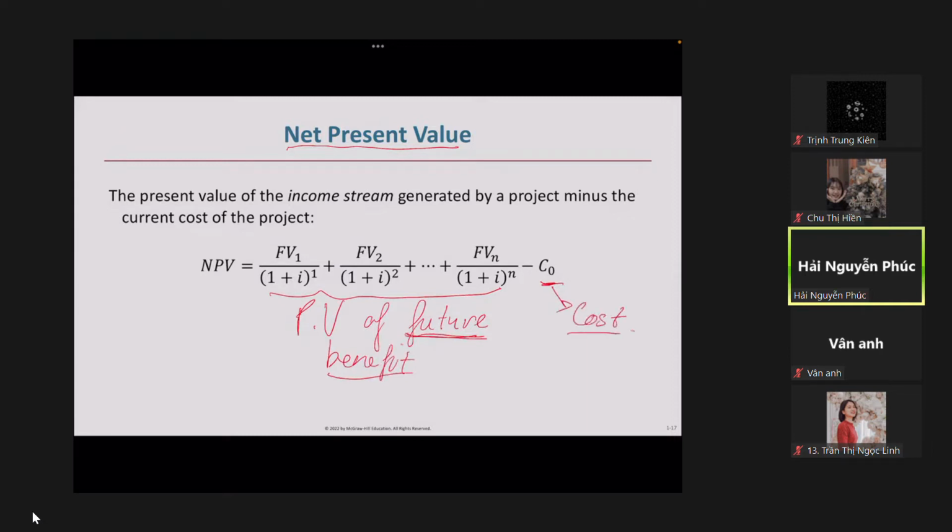C stands for the cost of the project, right? The rule of making or not making an investment is pretty simple. We should have which kind of value of NPV? What number of NPV should we have? What do you think?